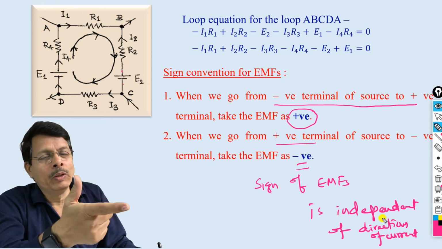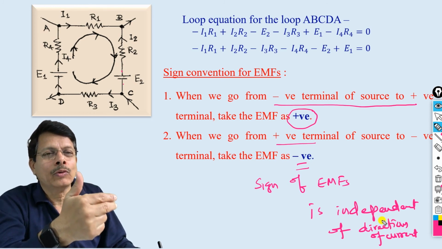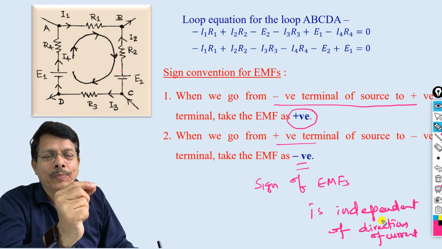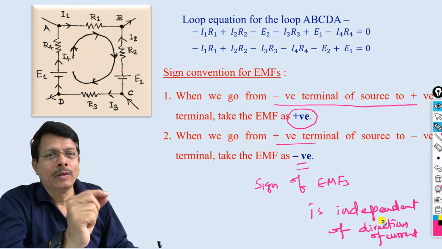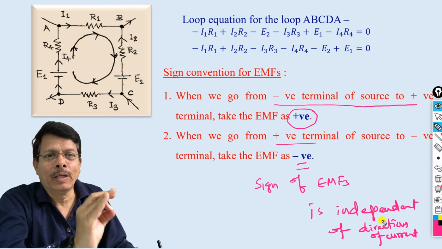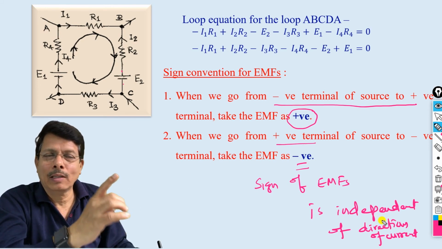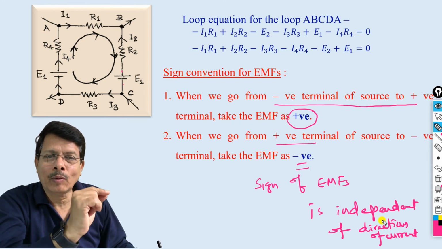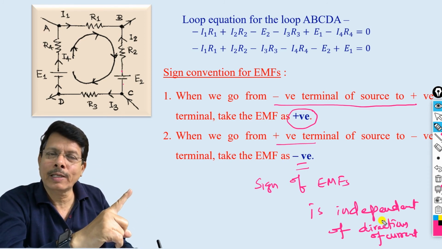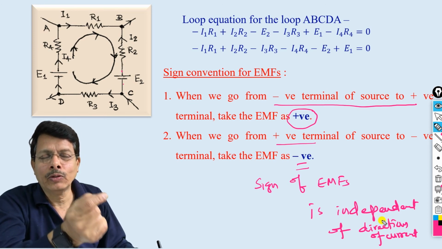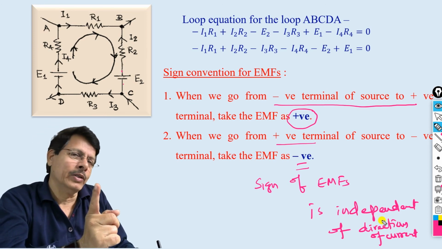Whatever the direction of the current, upward, downward, left, right, it doesn't matter. For EMF, the sign of EMF doesn't depend upon the direction of the current. The only convention is that when you are going from negative to positive, take it with plus sign, and when you are going from positive to negative, take it with minus sign.